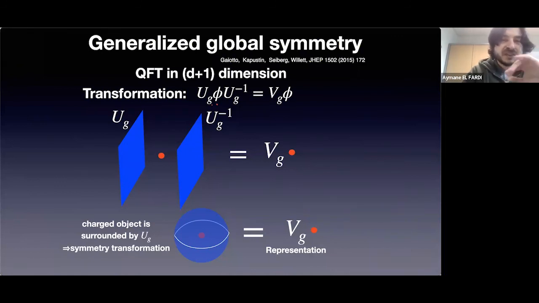So it's just something related to how it is written.